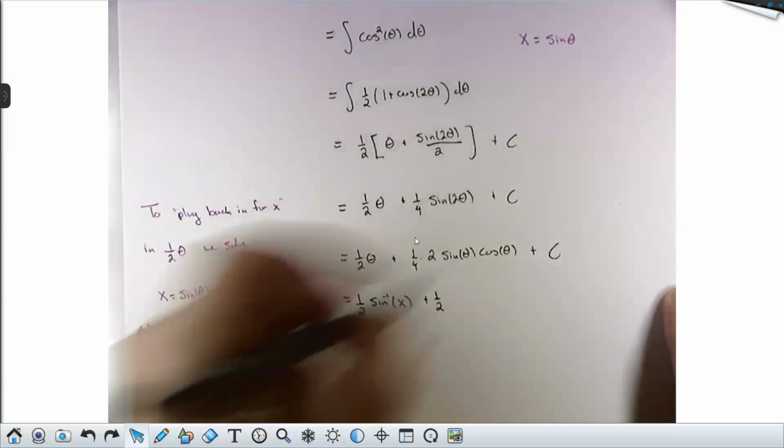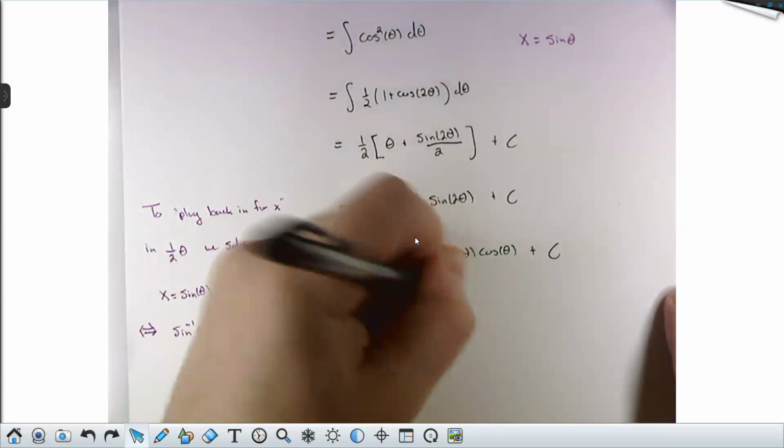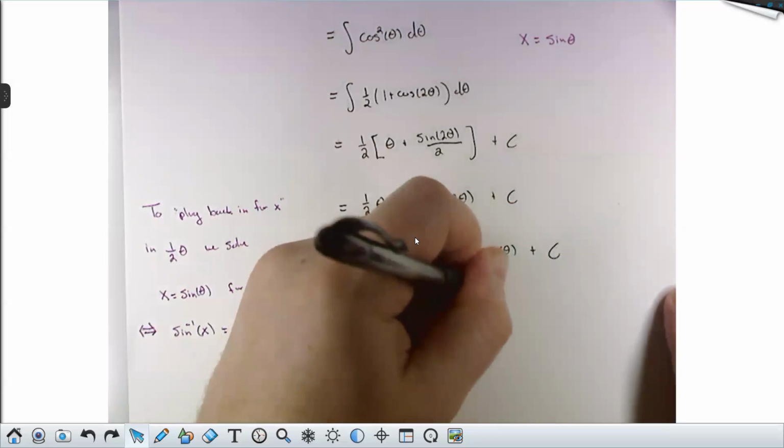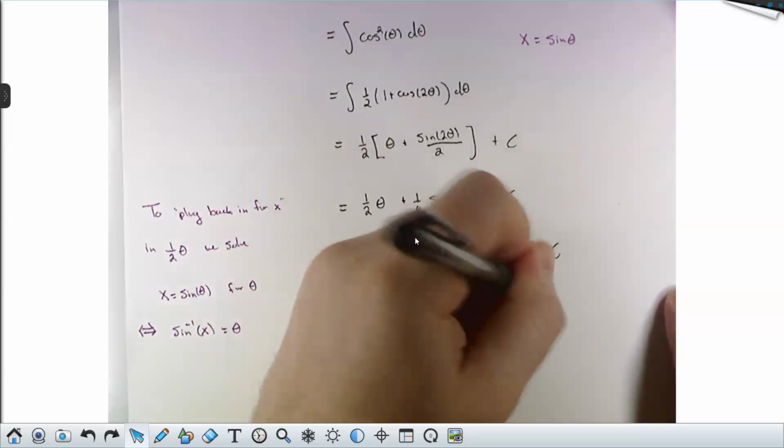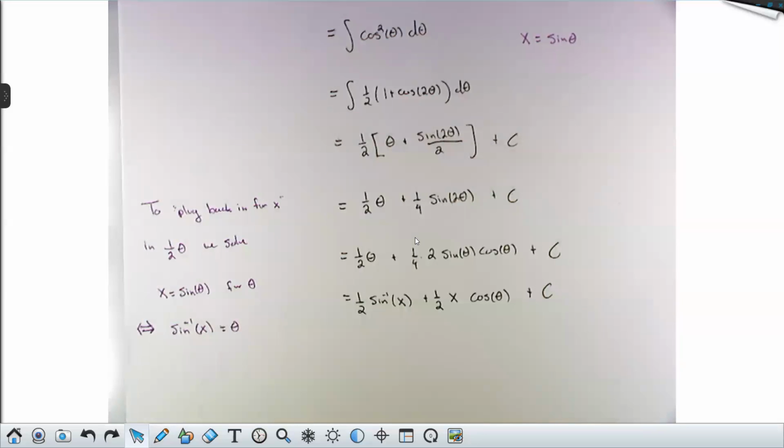Sine of theta here, I know is x. But what about the cos theta? I've got everything else now. Right, sine theta, that's just x. Theta, that's the inverse sine of x. But how do I replace this by some x stuff?